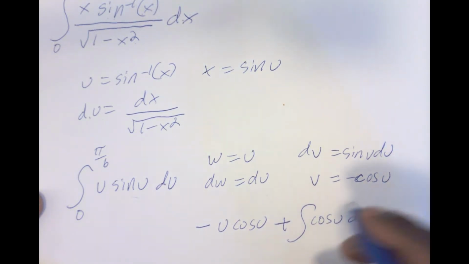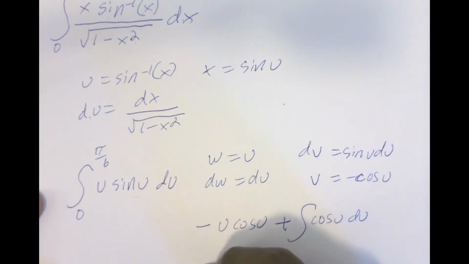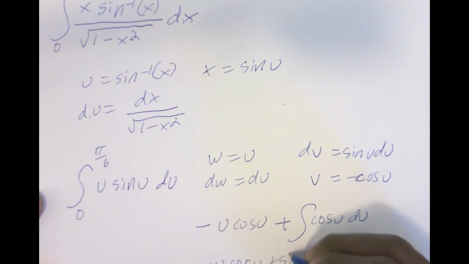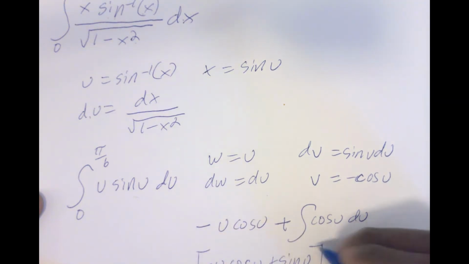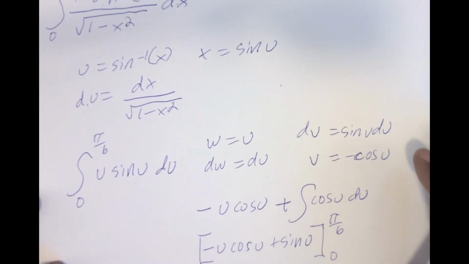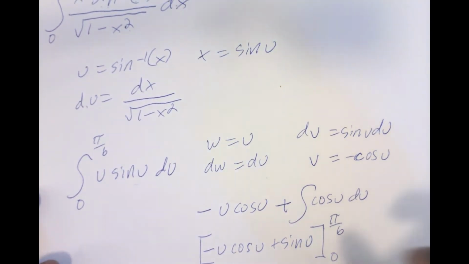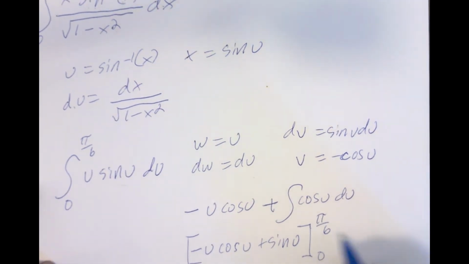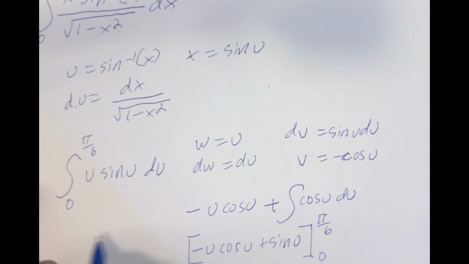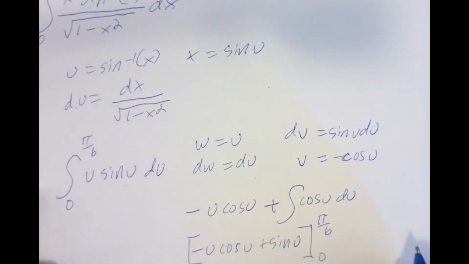The integral of cosine is sine, so this is negative u cosine u plus sine u, to be evaluated from 0 to pi over 6. When we do the evaluation, I'm going to do it over here.